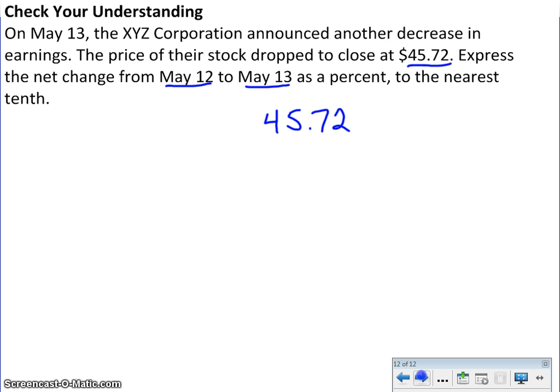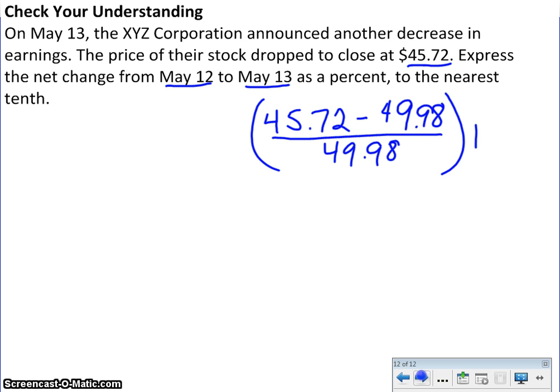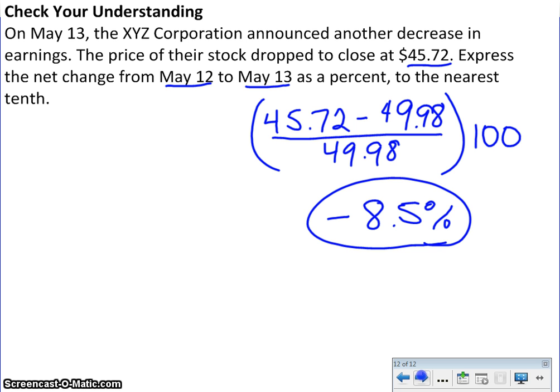We know from our last example that it was a close of 49.98 on the 12th, and then we divide that by 49.98. The whole thing multiplied by 100. And I'm going to go ahead and just do that in one fell swoop, and I end up with negative 8.5%.